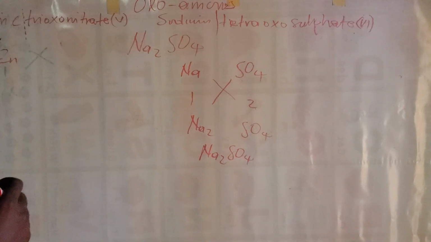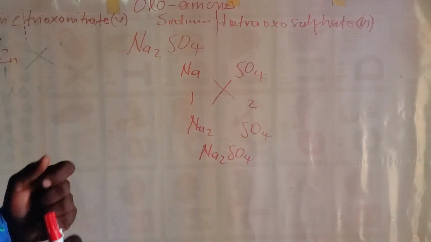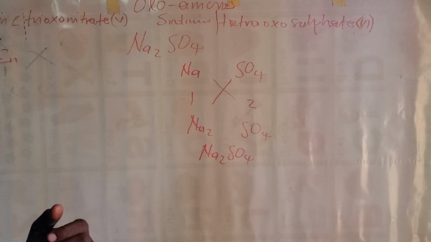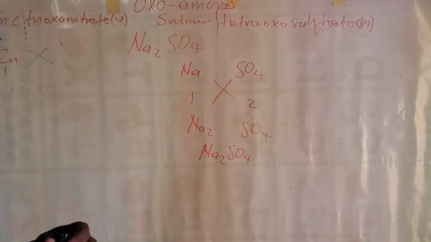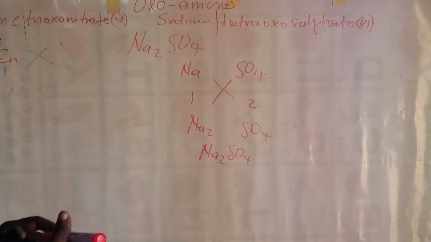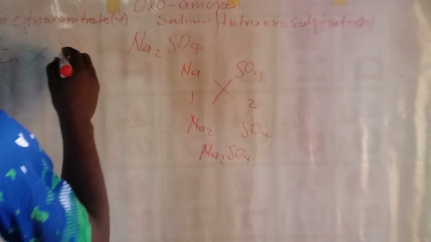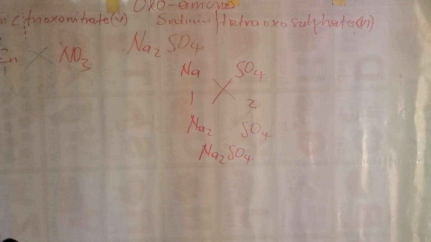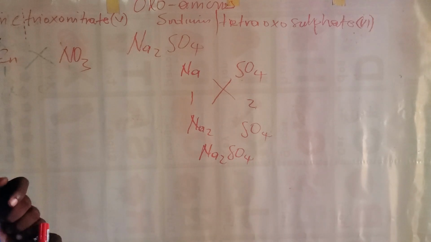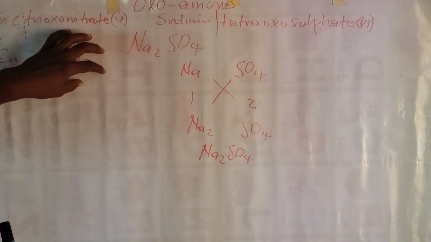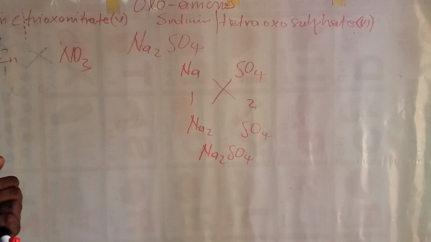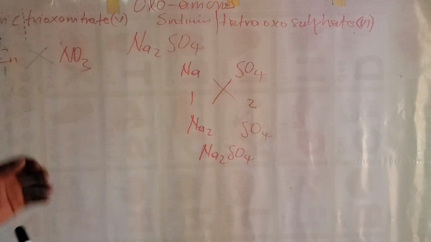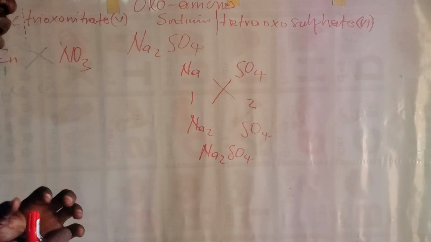This trioxonitrate 5 simply means you have 3 atoms of oxygen and 1 atom of nitrogen, which is NO3. So here the valency for this trioxonitrate is 1, and the valency for this zinc is 2.